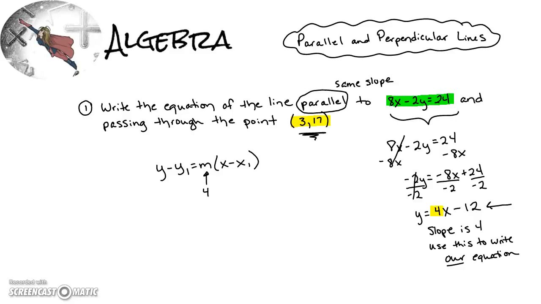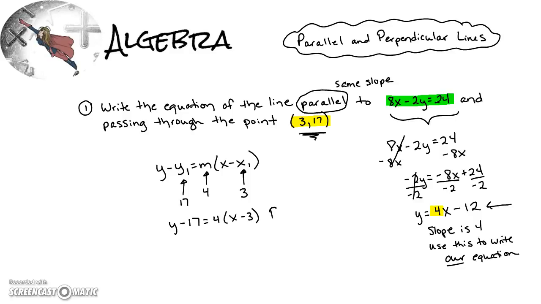We just figured that out. That's the slope. The x1 is the x from our point that it has to pass through, so that's going to be 3. And then the y1 is going to be the 17 from the point that we're plugging in. So just plug those numbers in. y minus 17 equals 4 times x minus 3.